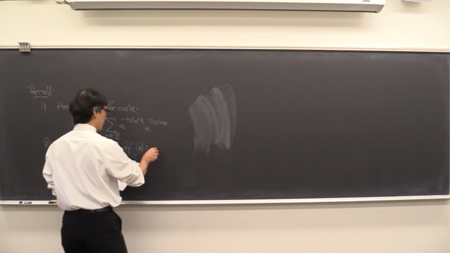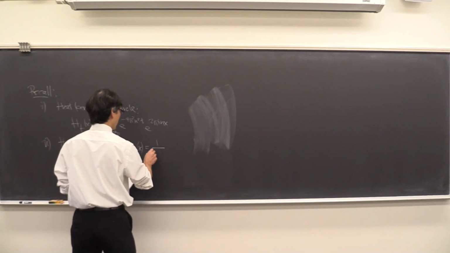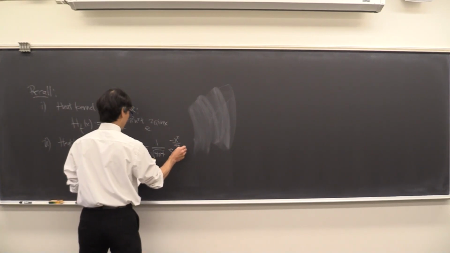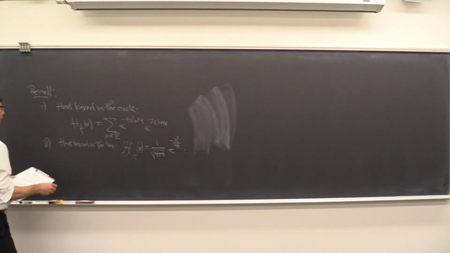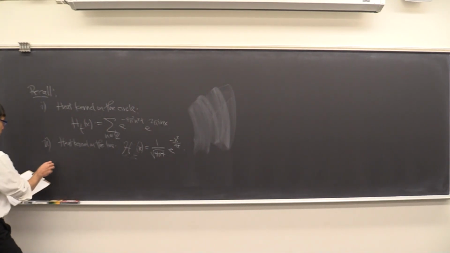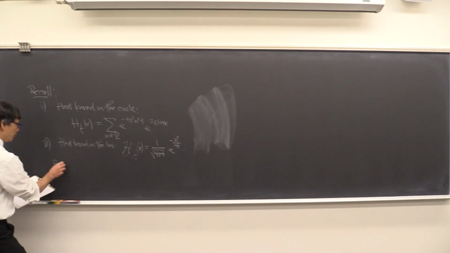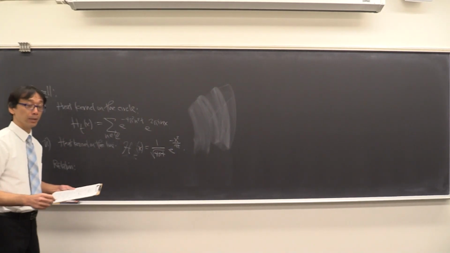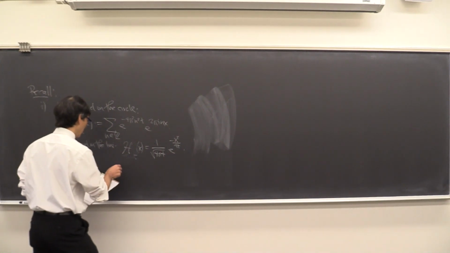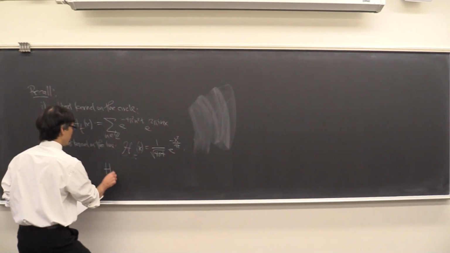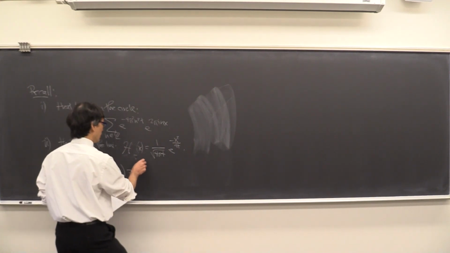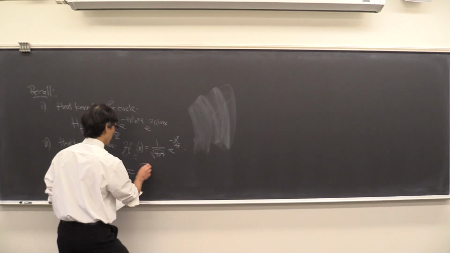It was the dilated Gaussian: 1 over the square root of 4 pi t, e to the negative x squared over 4t. We saw last time that there was a relation between the two, which we got by using the Poisson summation. That was that the heat kernel on the circle was just the periodization of the heat kernel on the line.